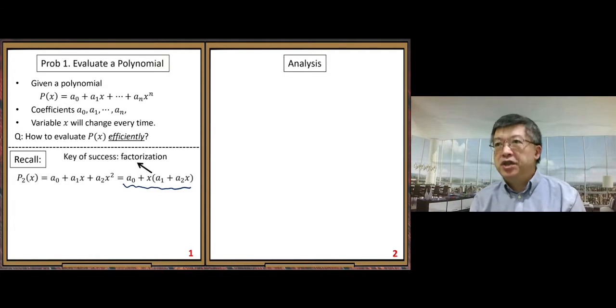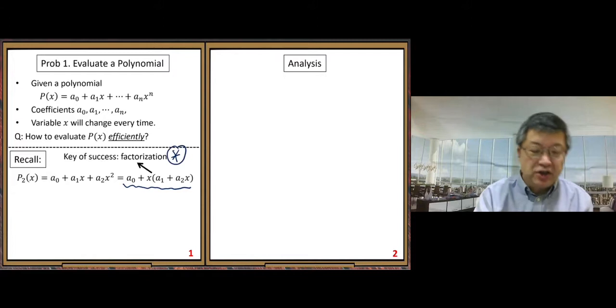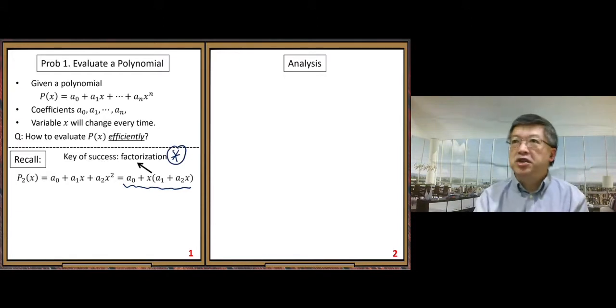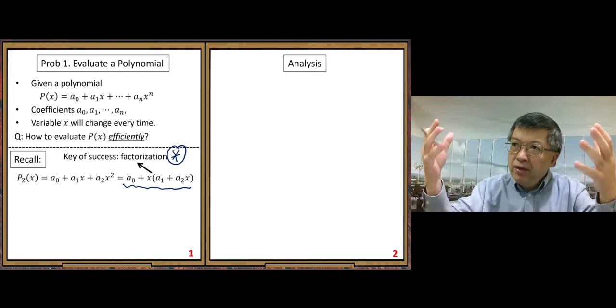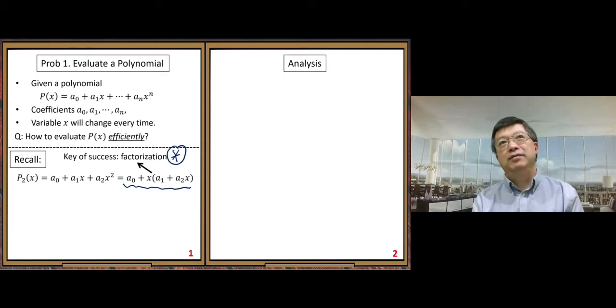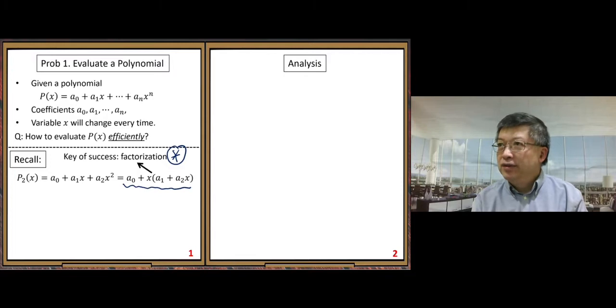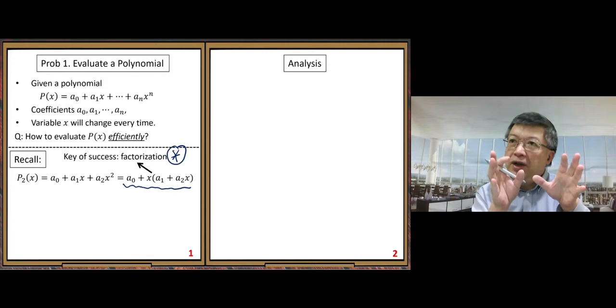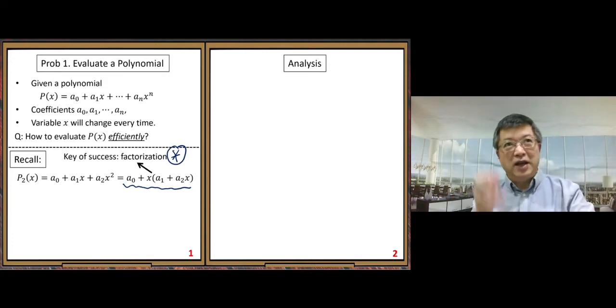The key of success is factorization. Since this is the big reason for the success, we want to use this great thing as much as we can. So that's the natural logical reasoning.